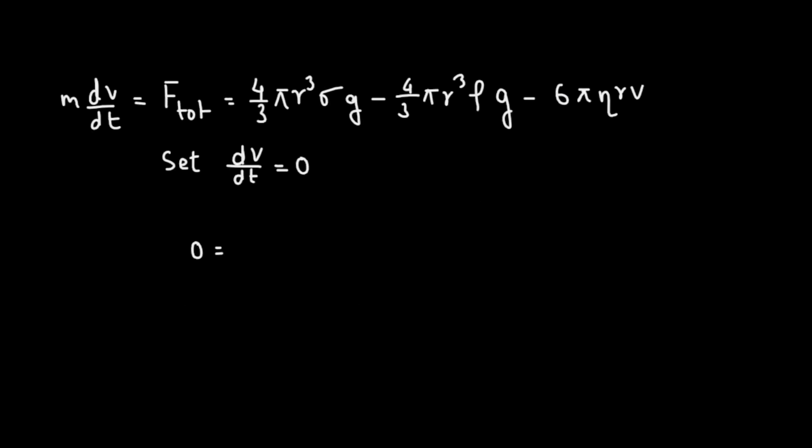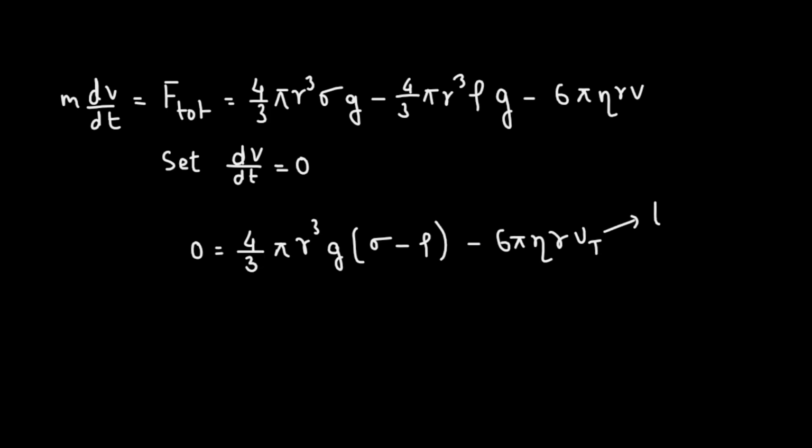So we get 0 equals 4/3 pi r cubed times g, taking this as the common factor from the first and second terms, which leaves us with sigma minus rho, minus 6 pi eta r. This v will now become the terminal velocity vt.